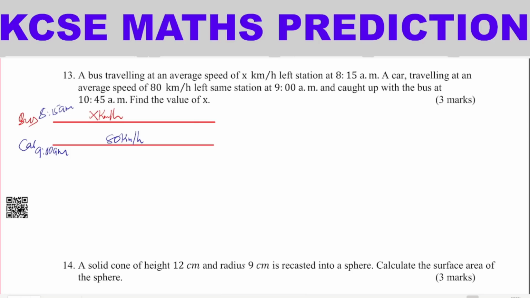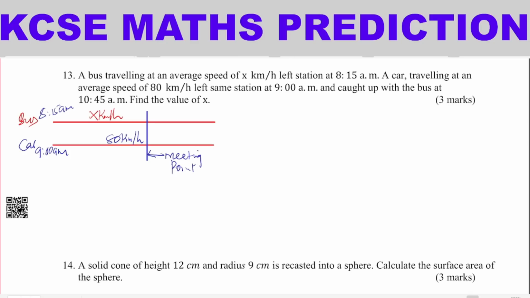So the car is the one that caught up with the bus. We can assume that this is the meeting point of the two. We need to find the value of x, which is the speed of the bus.